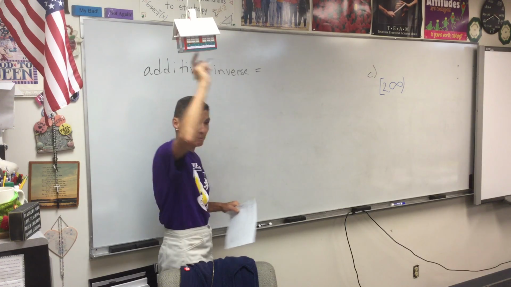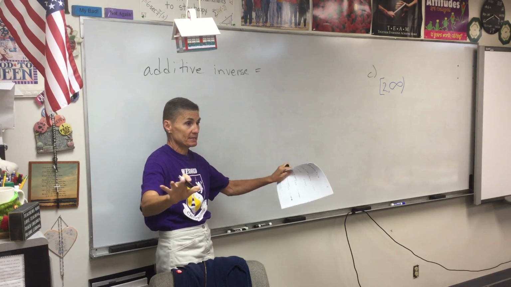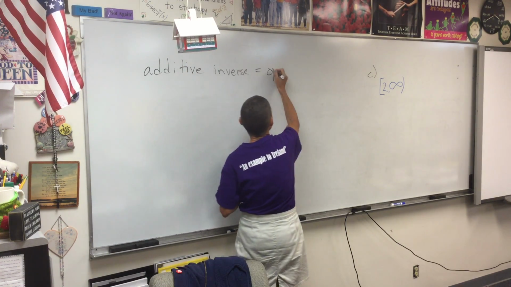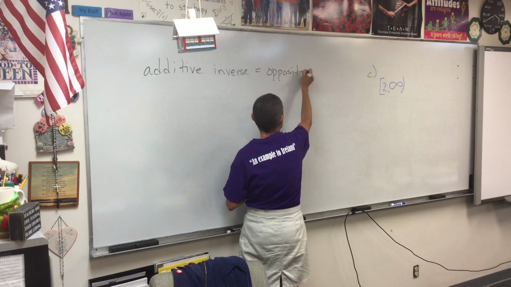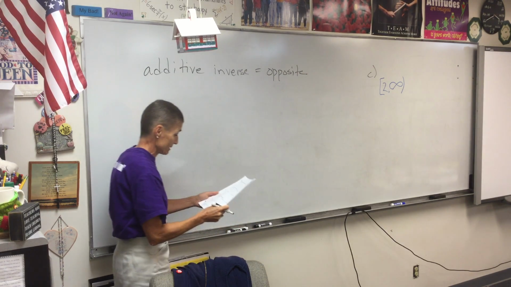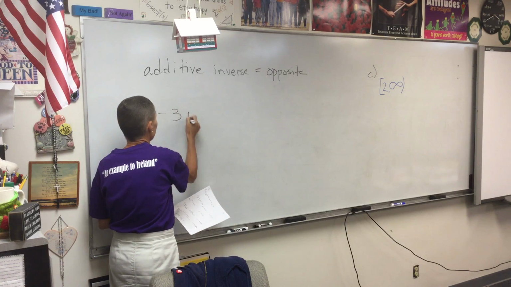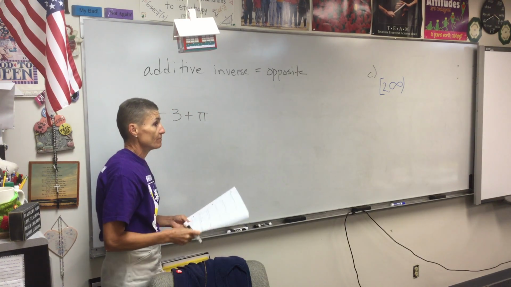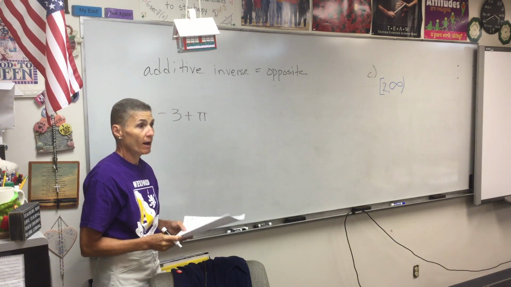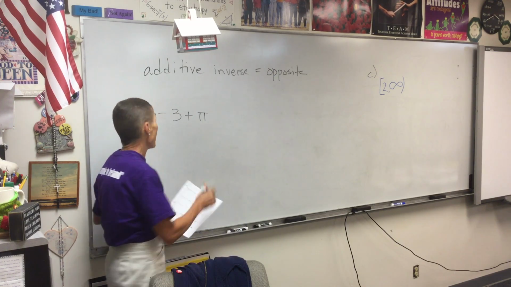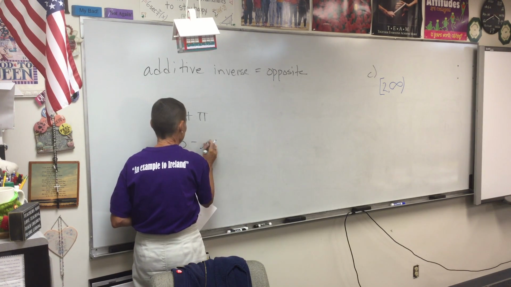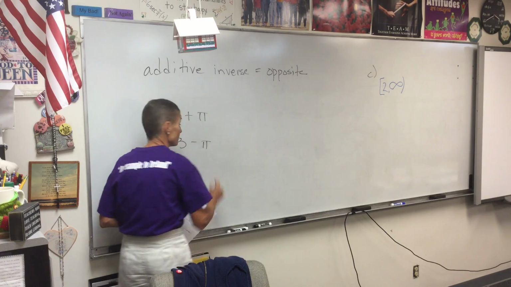Yeah, the opposite. That's it, the opposite. So anytime it says additive inverse, we want the opposite. So what is the opposite of -3 plus pi? The opposite would be 3 minus pi.